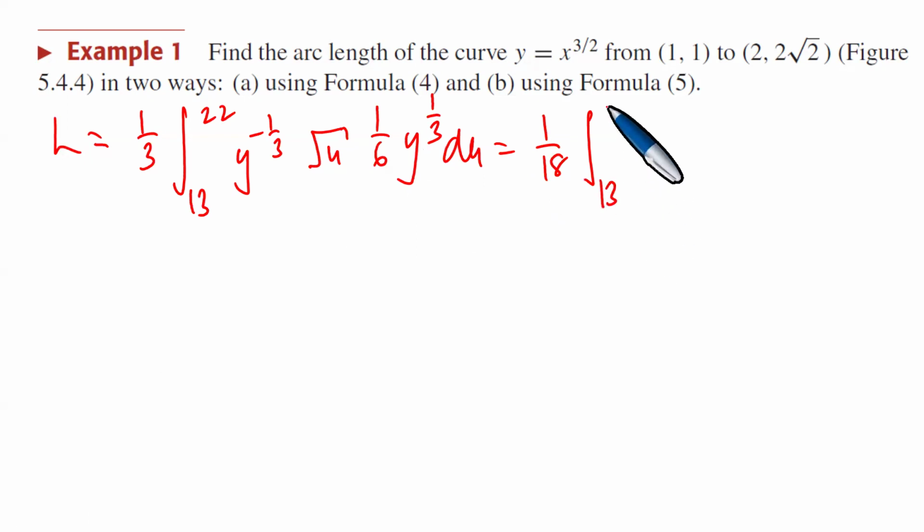So you have 13 to 22. This cancels. This cancels. U to 1/2 du. Like that.